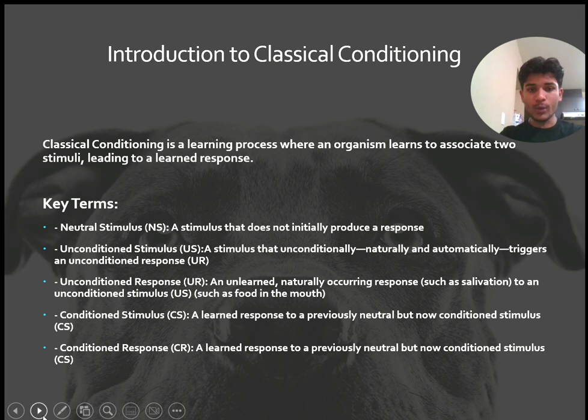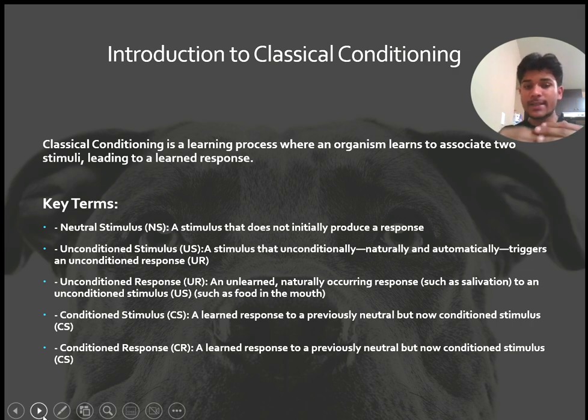To summarize these key terms again: a neutral stimulus never gives us a response. An unconditional stimulus always, or naturally, gives a response. The response given by the unconditional stimulus is called the unconditional response.